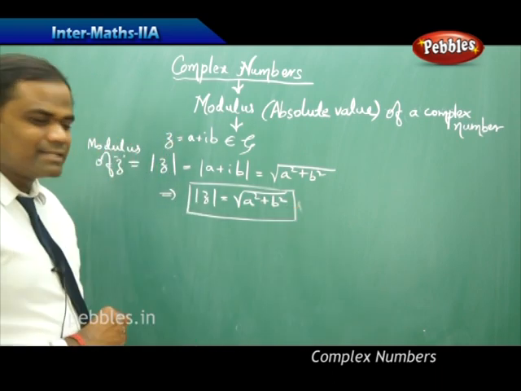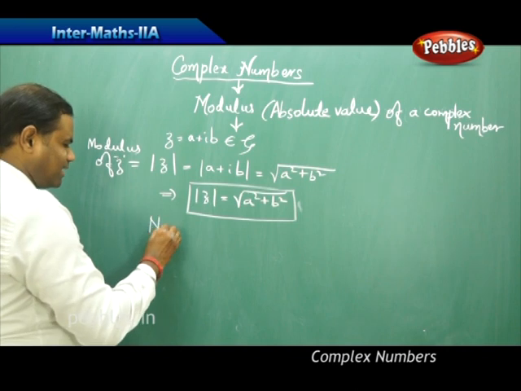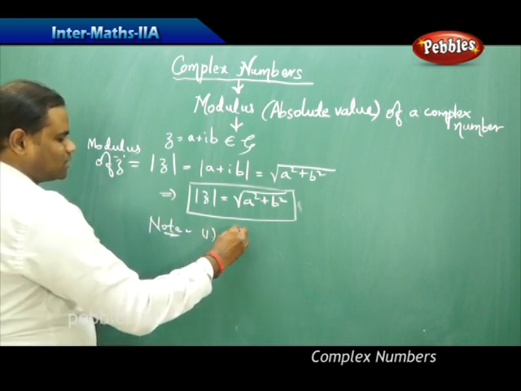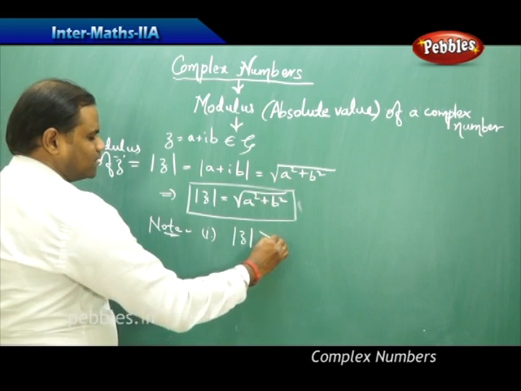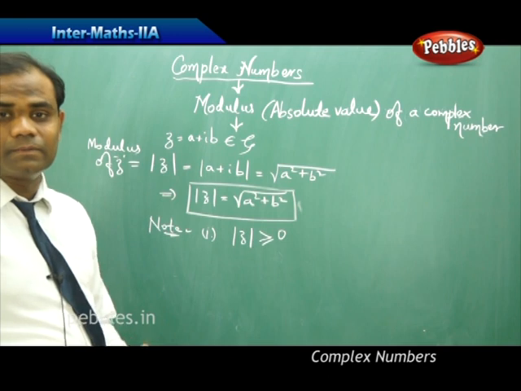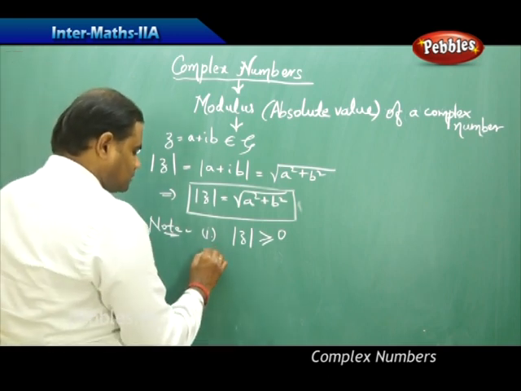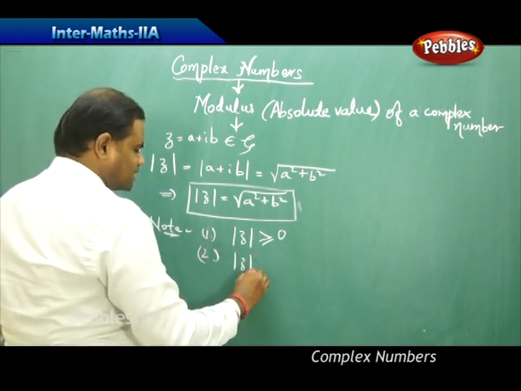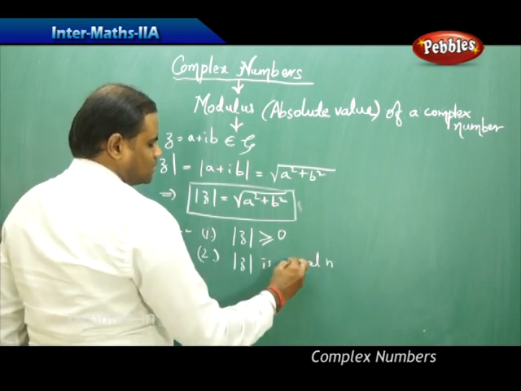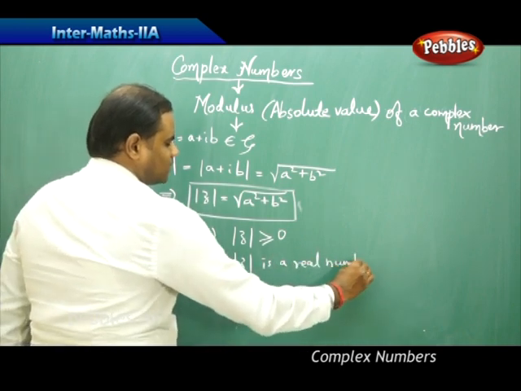Now, as I clearly see this, I understand that this cannot be a negative number. So the note is mod z is always greater than or equal to 0. It cannot be a negative value. And not only that, my second note says that mod z is a real number.